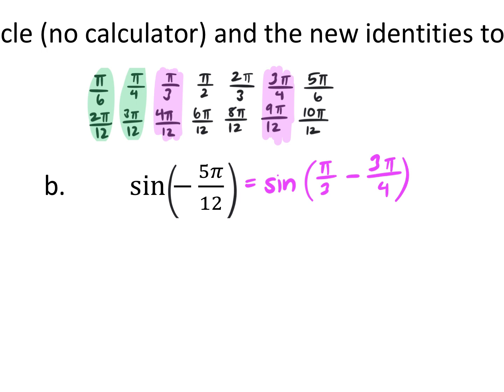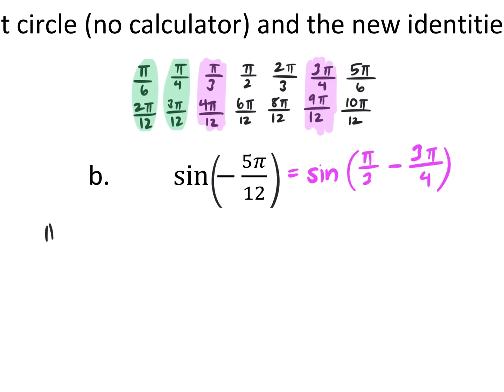Okay, so we're using our subtraction sign value, which means we're going to use our number 19 from our gold sheet. So I'm going to plug in my pi over 3 and pi over 4 for those a and b values. This is my a, this is my b.